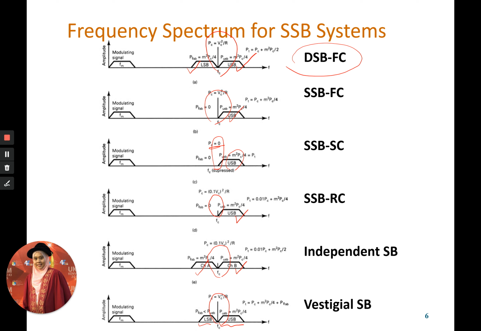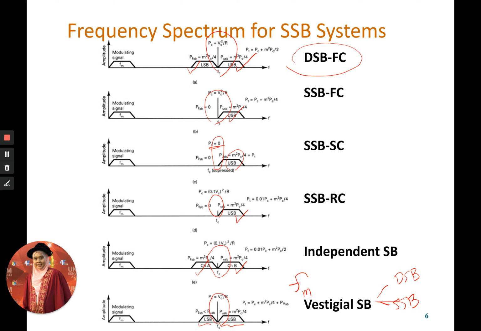In this vestigial sideband, basically it will transmit the carrier signal together with one of the sidebands. For the lower frequency of the modulating signal, it will transmit as double sideband. But if it uses a higher frequency of the modulating signal, it will transmit as SSB. So the vestigial sideband can be either DSB or SSB depending on the frequency of the modulating signal.